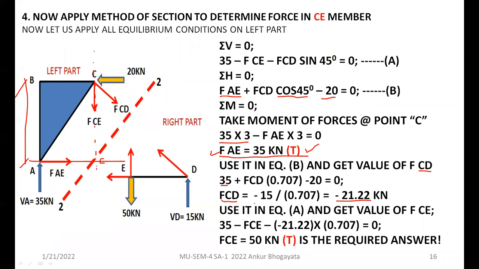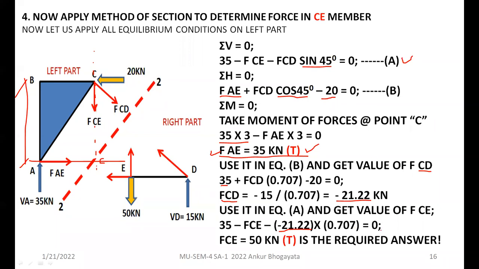And now this information we will be using finally in equation A. So let us put the values. 35 is 35. FCE is FCE. FCD is minus 21.22. Don't forget to use the actual numerical value with the numerical sign. So it is minus 21.22 into sine 45, that is 0.707.